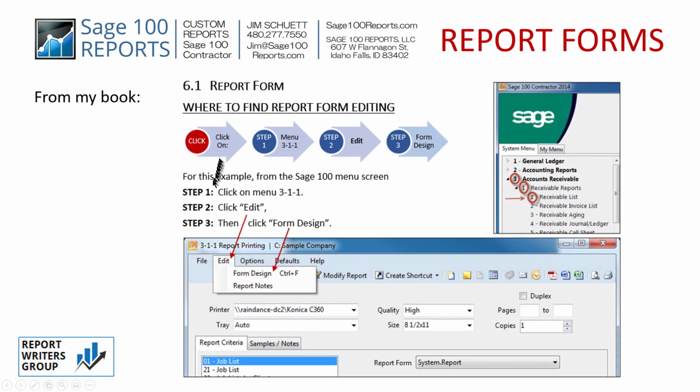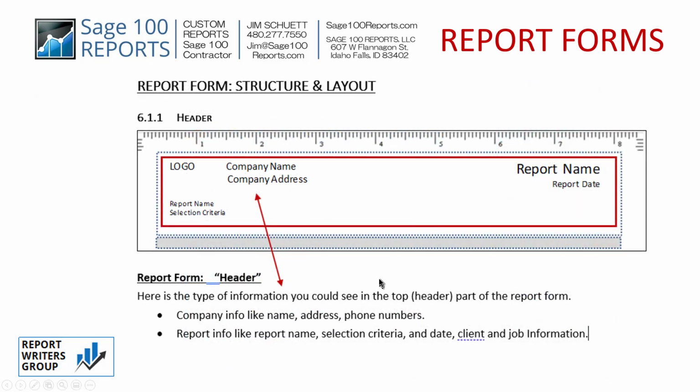Now these clips here are from my book, and we'll follow that along going forward. Again, to access the editing version of report forms, you would go to Edit, Form Design, and that would open up the page.